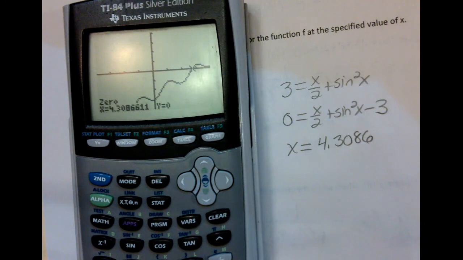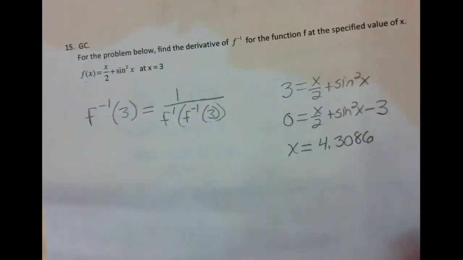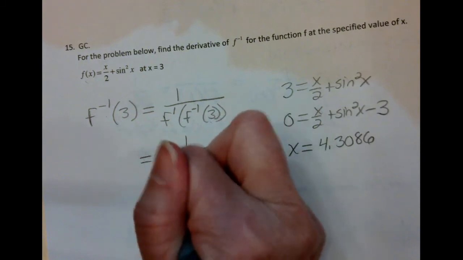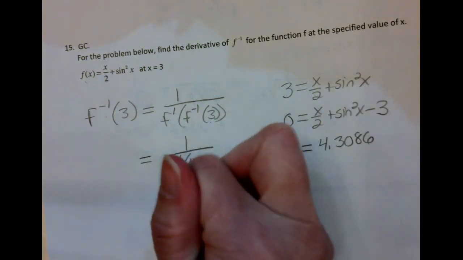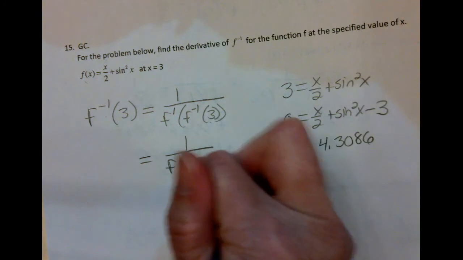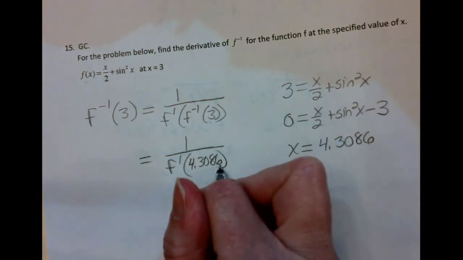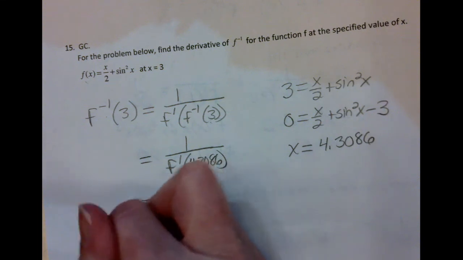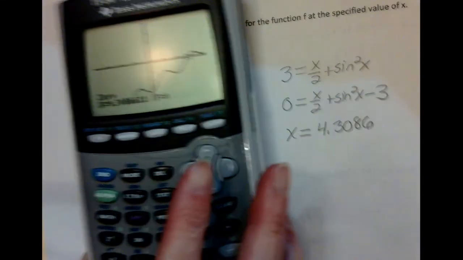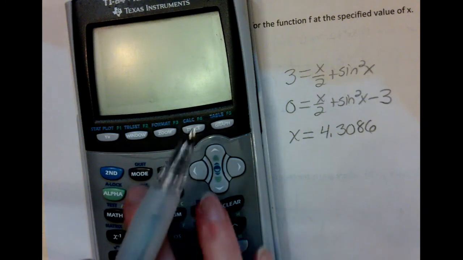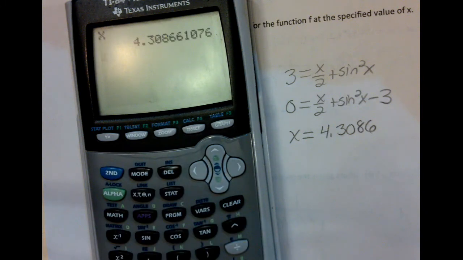So I want to make sure as I progress through the problem, when I go here, I say 1 over f's derivative at 4.3086. But I don't want to chop it off at that because I'll lose value. What we do is come to the calculator, hit second quit, take a look at x, and that should be stored in.